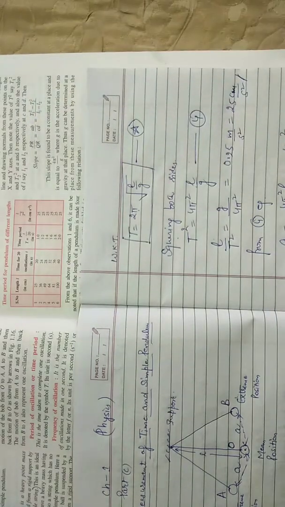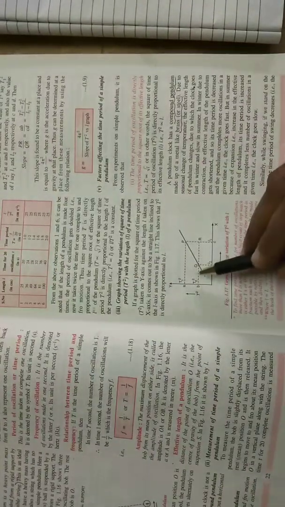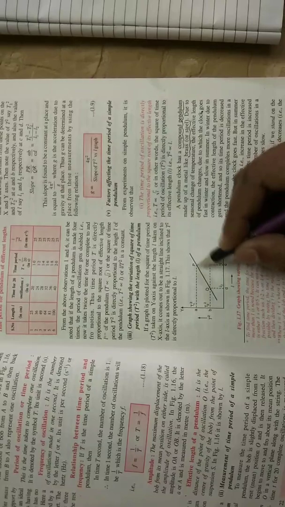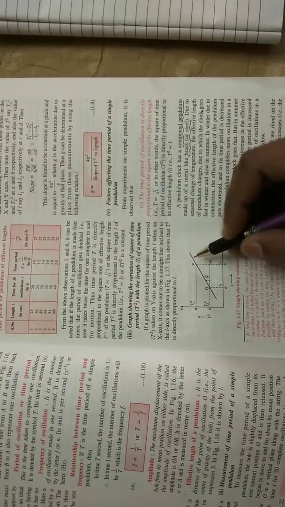Then there is a graphical point. If a graph is plotted for T square versus L, you will get a straight line for these values, and when you get the slope, slope is equal to perpendicular upon base. What is the perpendicular in this triangle PQR?